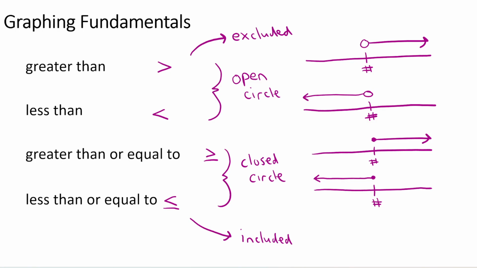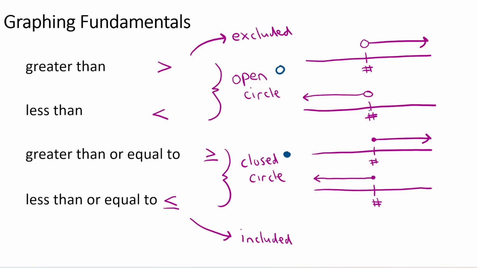Now, just like I said, the terms included and excluded are part of the symbols. But when it comes to graphing fundamentals, we'd like to think of the greater than or less than symbol associated with the open circle symbol. So open circle is like that, and a closed circle for the bottom 2, greater than or equal to, less than or equal to, just like this. When you're looking at an inequality, suppose there's a number and it's greater than or less than that number.